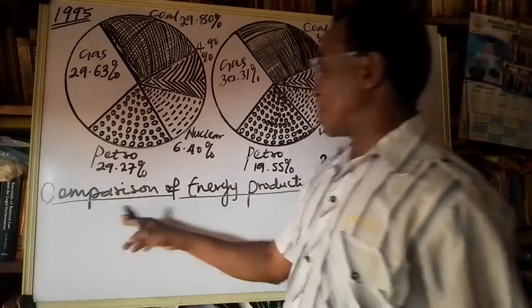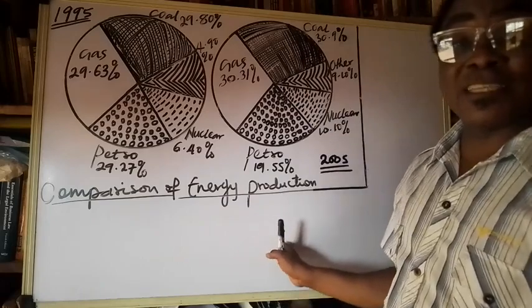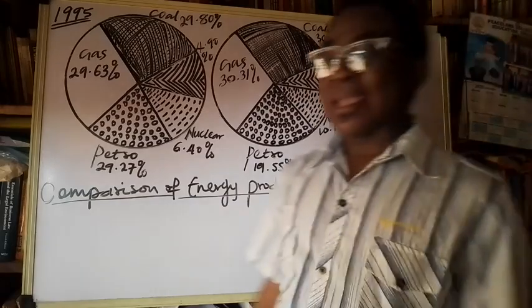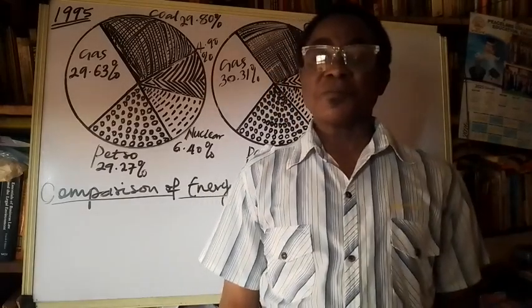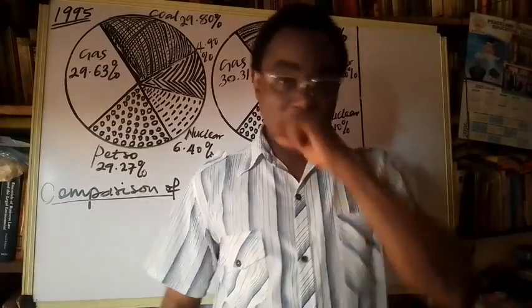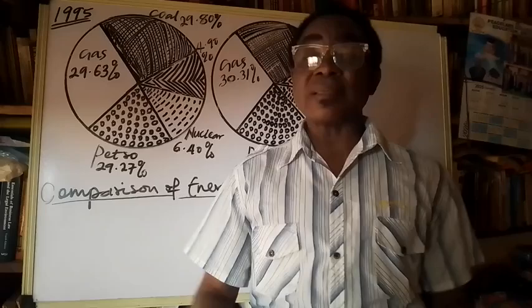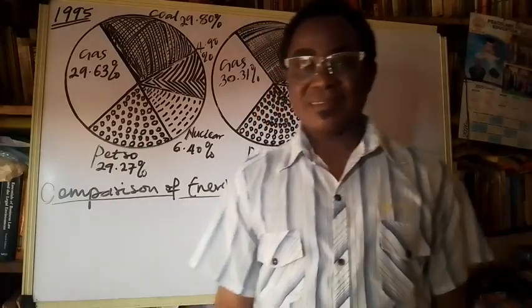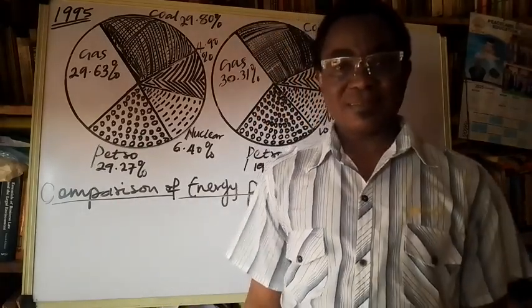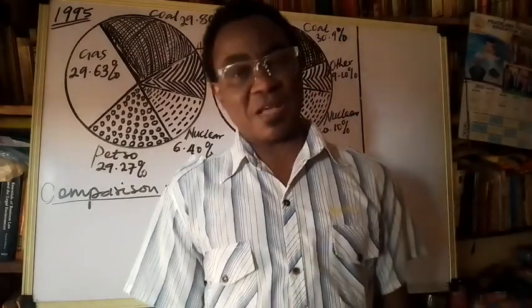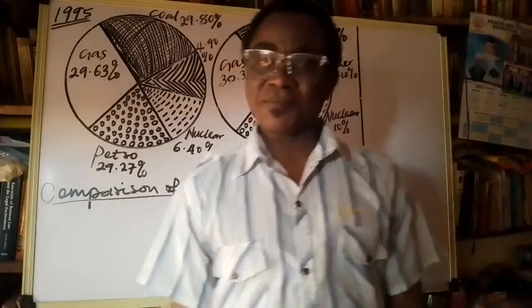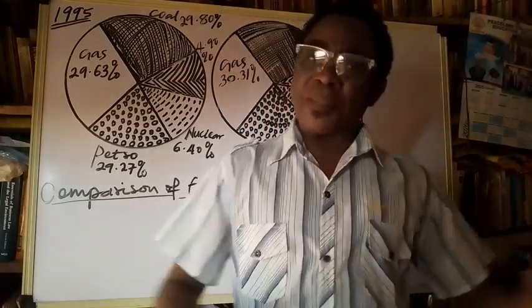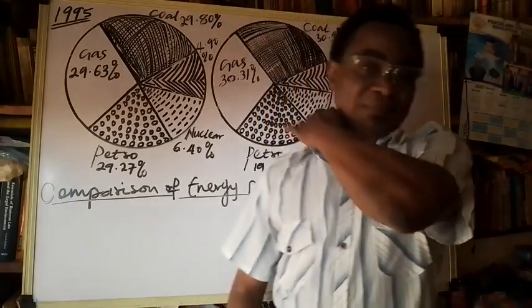The pie chart represents a comparison of the different kinds of energy production in France in 2 years, 1995 and 2005. These 2 years cover a period of 10 years.